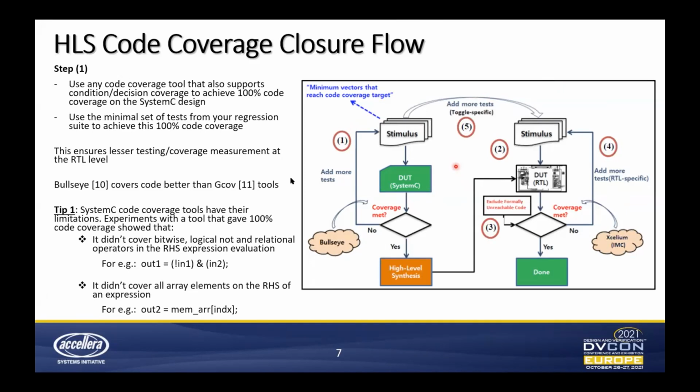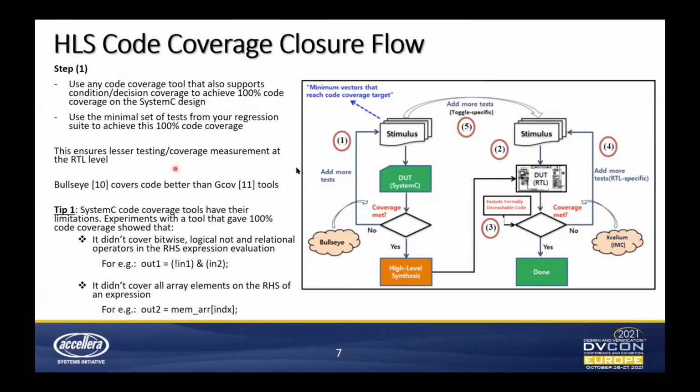So step 1: make use of any code coverage tool that supports condition and decision coverage to achieve 100% code coverage on the SystemC design. Use the minimal set of tests from your regression suite to achieve this 100% code coverage. This ensures less coverage measurement at the RTL level.